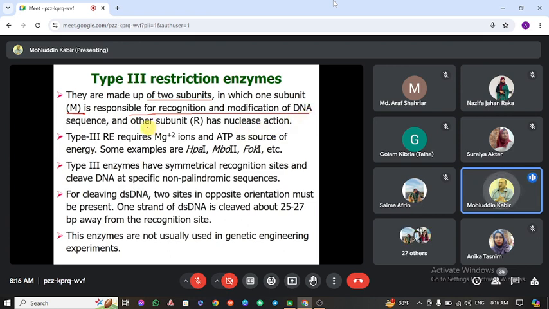And the R subunit has the cleavage action. This enzyme, type 3, requires magnesium ion and ATP as their energy source.